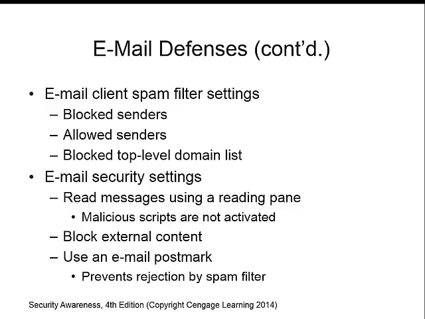Email security settings, you want to read messages using a reading pane. Malicious script is not activated in the reading pane. It is only activated when you open that mail. You can block external content. You can use an email postmark, and this prevents rejection by spam filters.